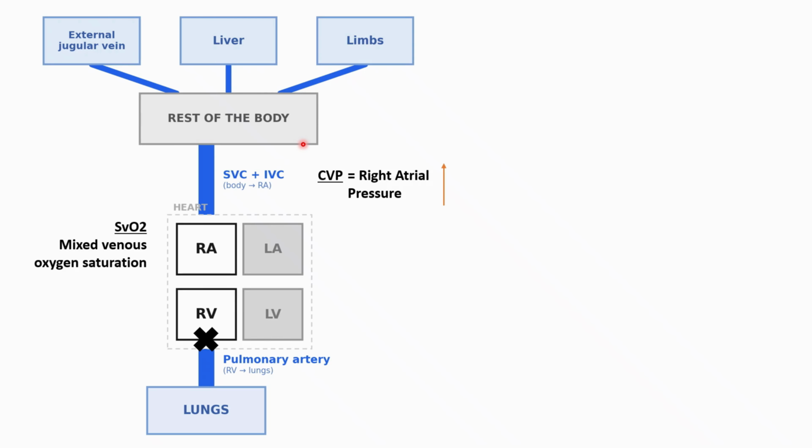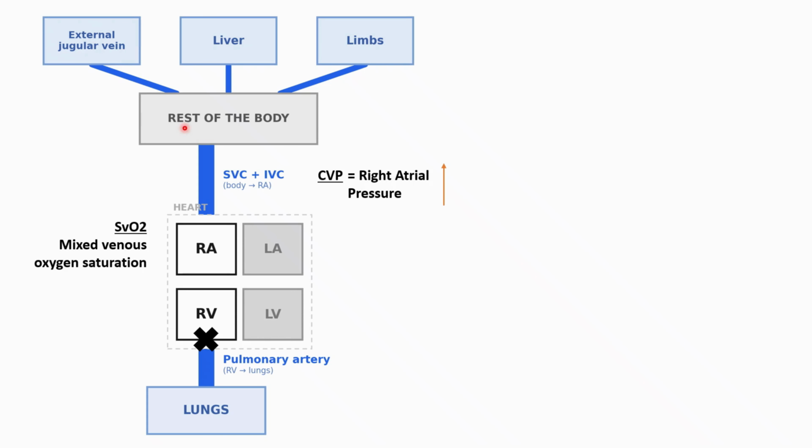And in case of the right side of the heart, I want you to think of three extremely important organs. These three extremely important organs are where you'll see clinical signs of right-sided heart failure. The first is the external jugular vein. Very important, probably the most important. You can feel it or see it at the side of your neck.